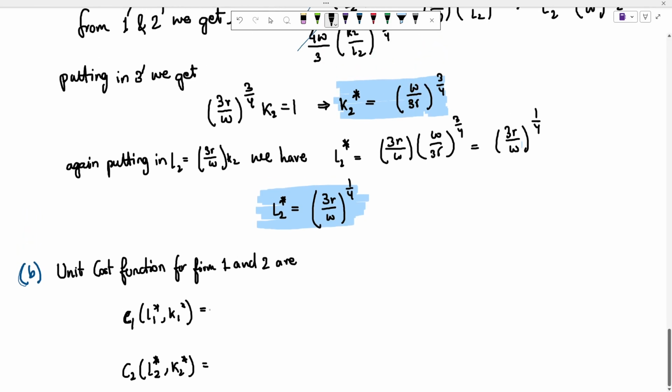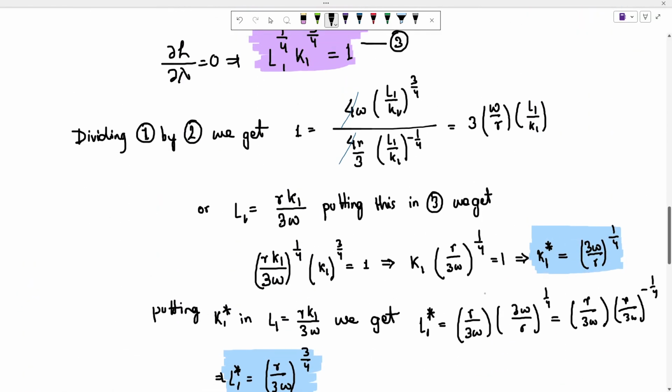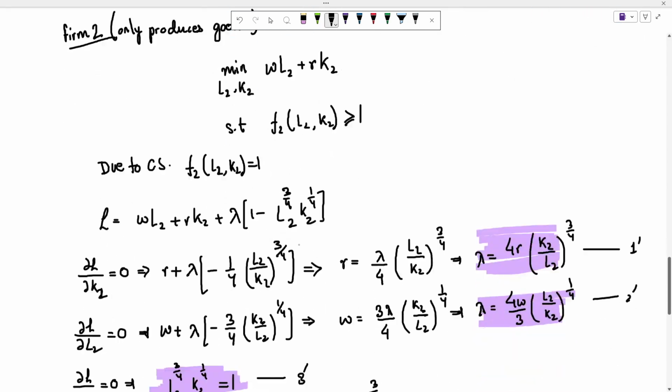Now what was it? So omega times what was L1 star. L1 star was r by 3 omega to the power 3 by 4.